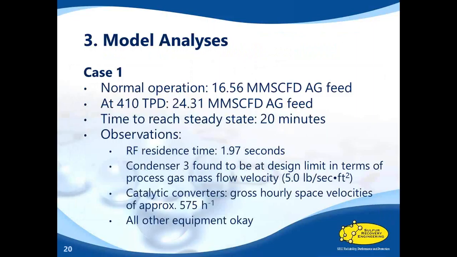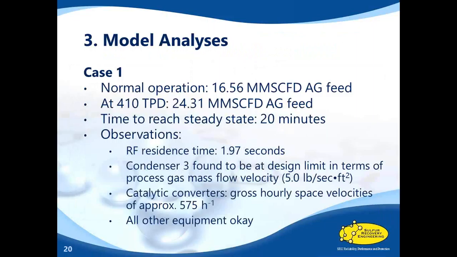With the 44 mole percent feed, that translated into a 24 million standard cubic feet per day acid gas feed. The time it took for the model to reach steady state was 20 minutes. With regards to reaching steady state, there weren't major hiccups when we pushed the unit to 410 tons per day.